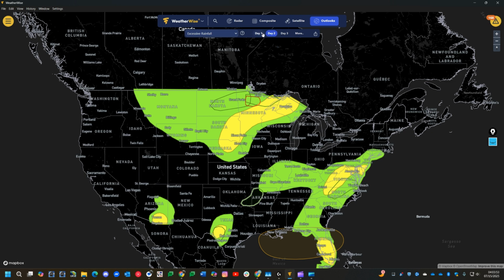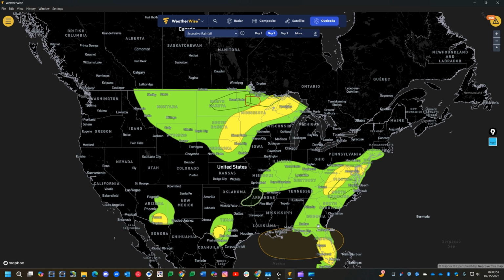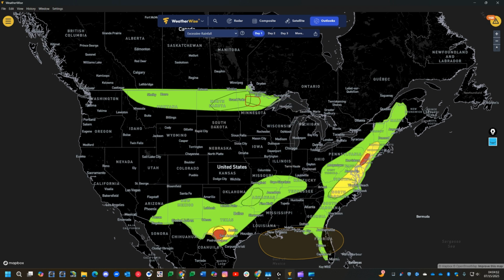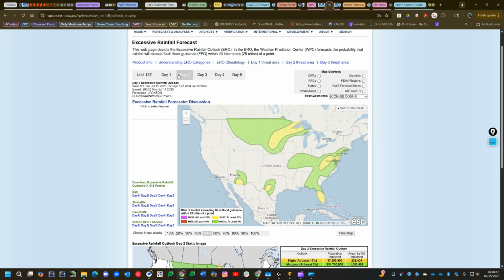Day one, day two, which is really today, but today after 12Z. So we go back and look at the WPC again. 15th to the 16th.